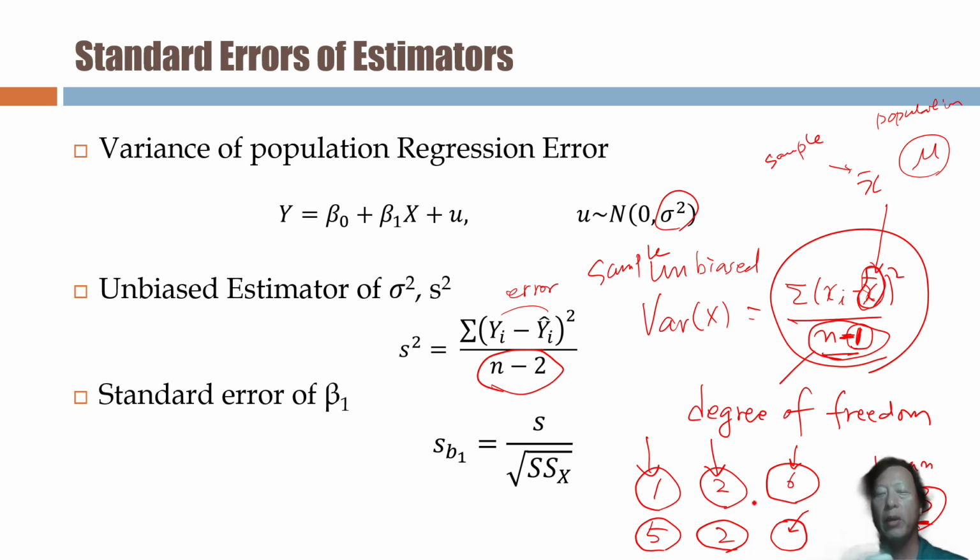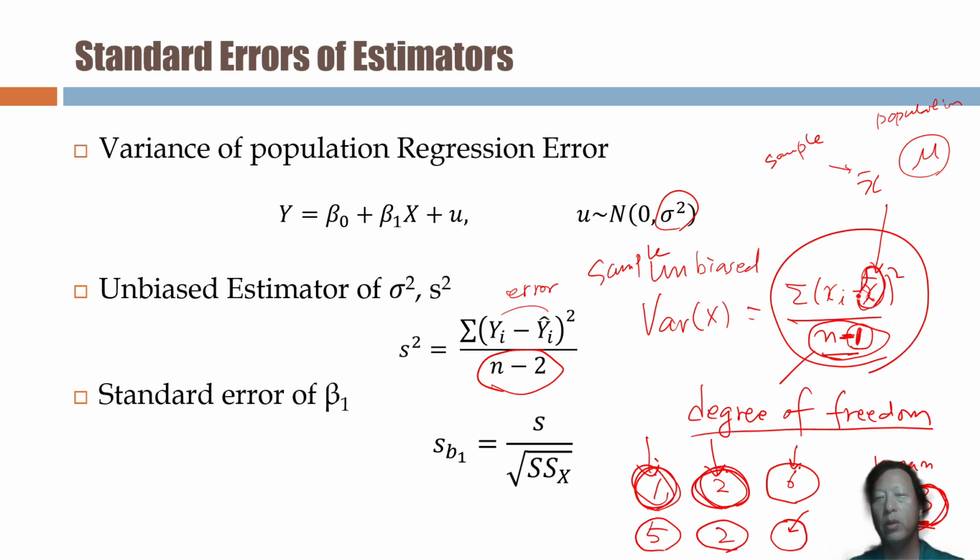So how many numbers can I choose freely? It's 2 numbers. Even though the sample size n is 3, since we have a mean here, I have only 2 numbers for free, and the third number will be decided by the mean. So this is how we can get some idea of the degree of freedom.